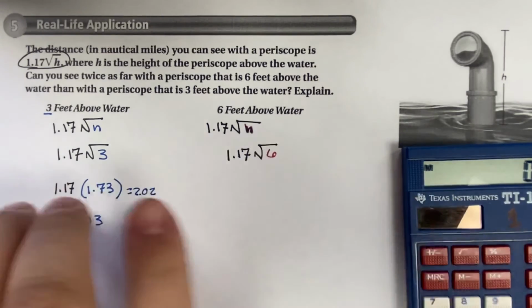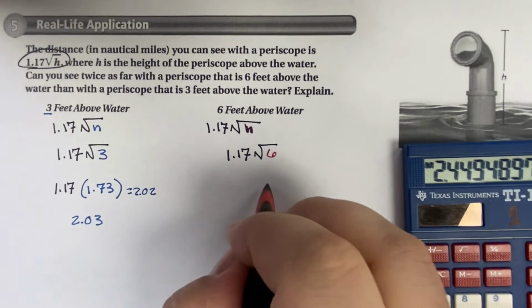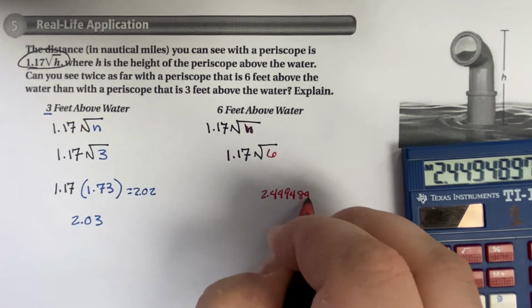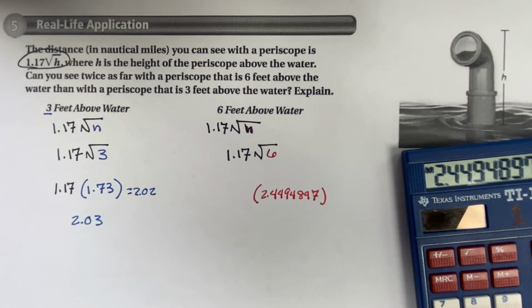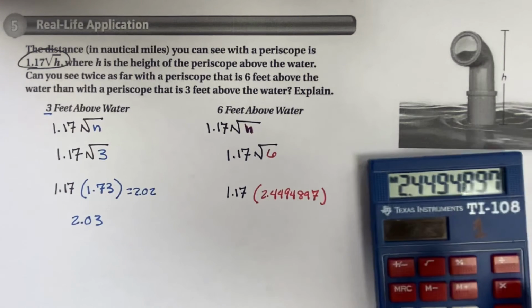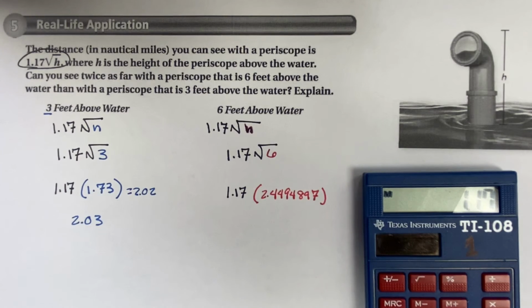So on this side, I'm actually going to write the whole decimal. So I get the square root of 6, and that one is 2.4494897. This is what I actually should be using when I'm multiplying, and that is what I should write down. In other words, the work you have is what you're using. Now, when I take that times 1.17 equals.